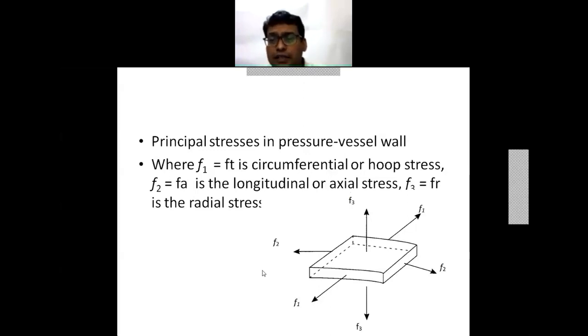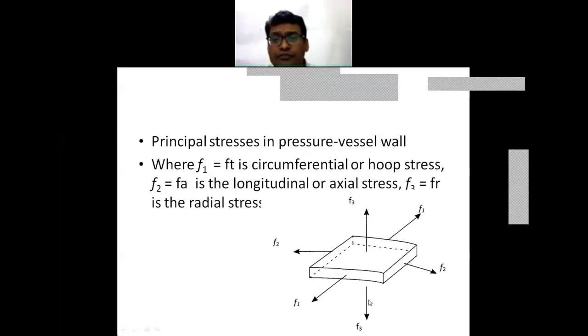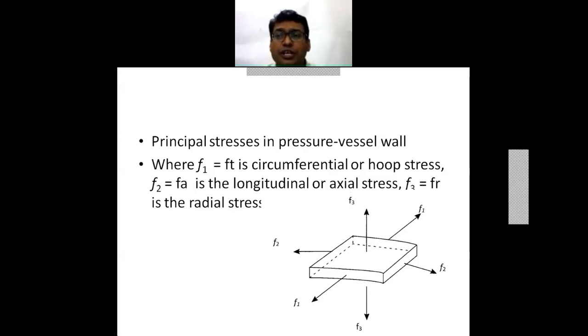One is F1, sometimes also called sigma 1, that is the circumferential or hoop stress. Sigma 2 or F2 is the longitudinal or axial stress, and F3 is the radial stress. Understanding these three stresses is very much essential for this subject.